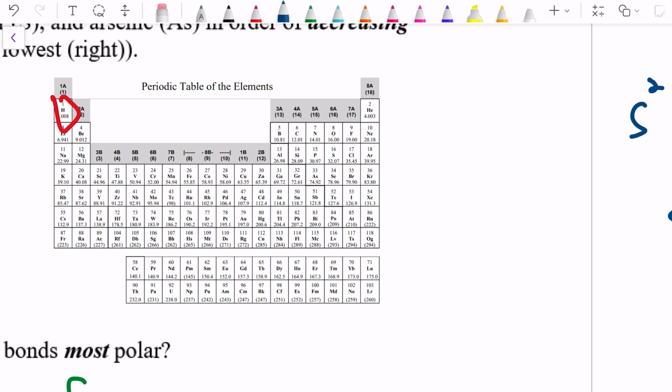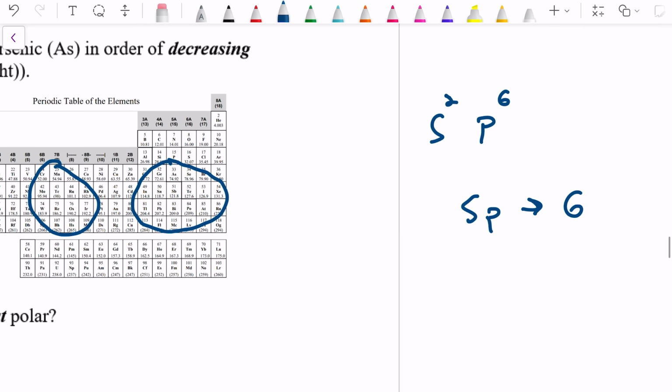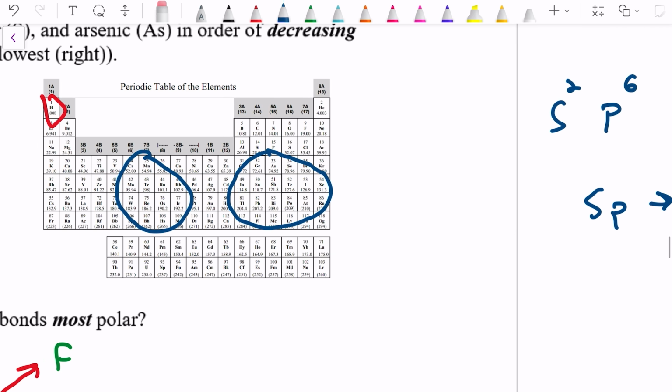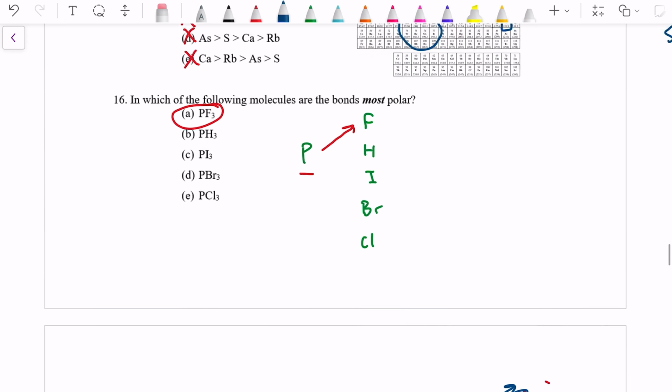When you start incorporating the d block, like the d orbitals, you no longer get pure sp hybridization, and you can start sort of violating the octet rule. So iodine certainly has that d orbital hybridization going on. That's why we're allowed to violate the octet rule.